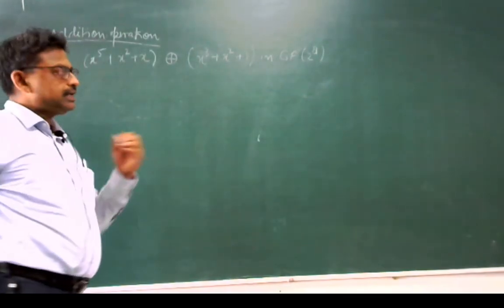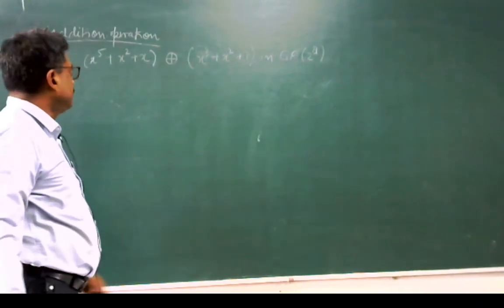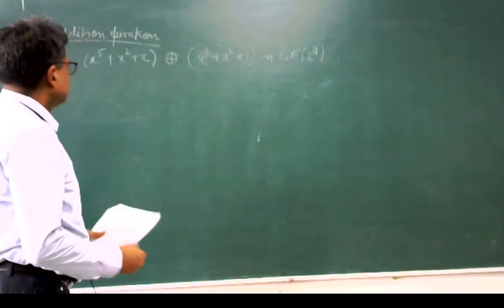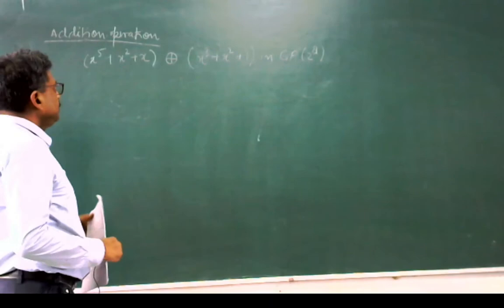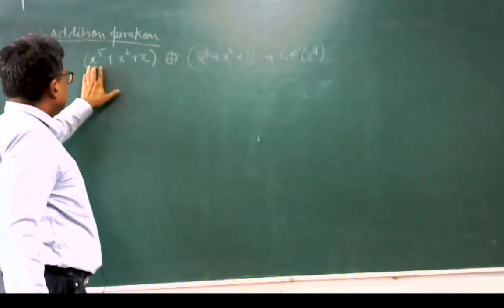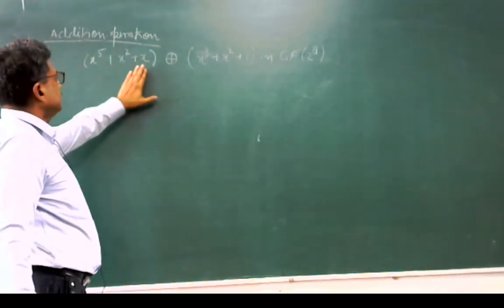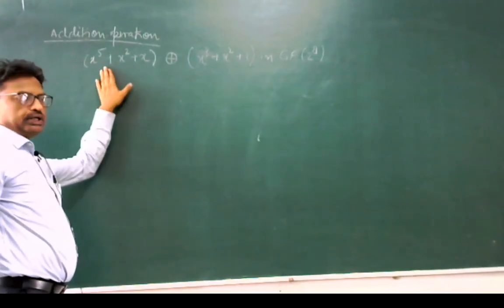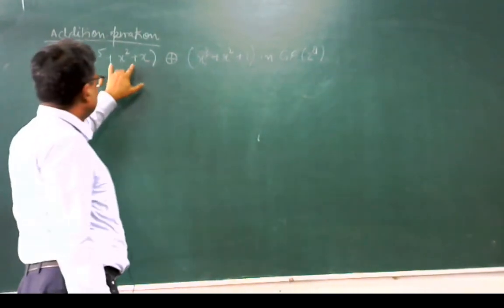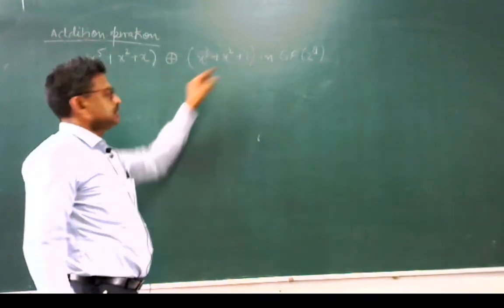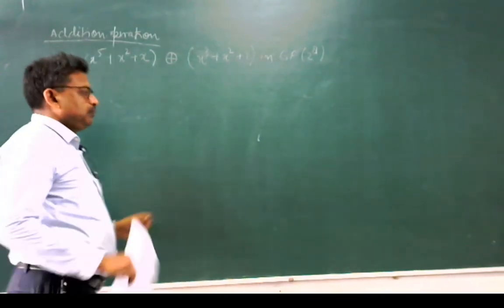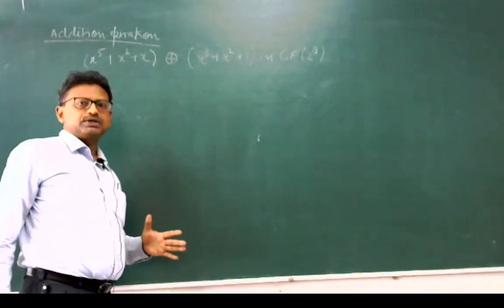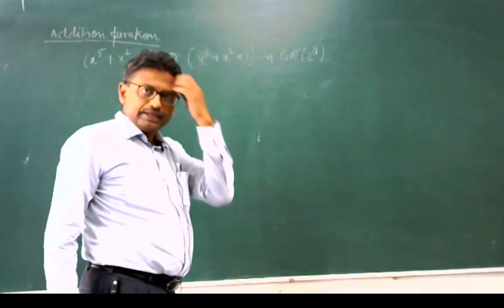We have seen how the addition operation is performed. Addition is a very simple operation. There are three terms in the first polynomial, x^5, x^2 and x, and three terms in the second polynomial. We have seen that an XOR operation is performed as the addition operation.